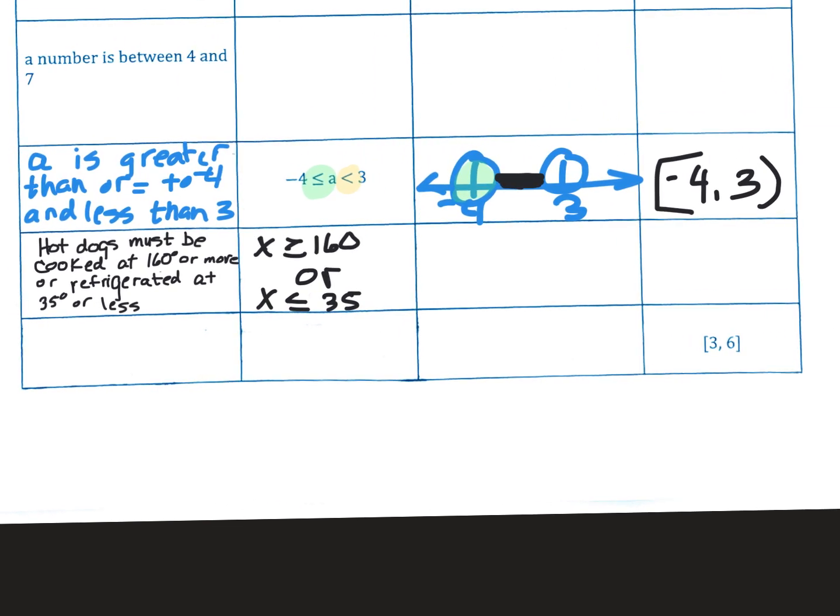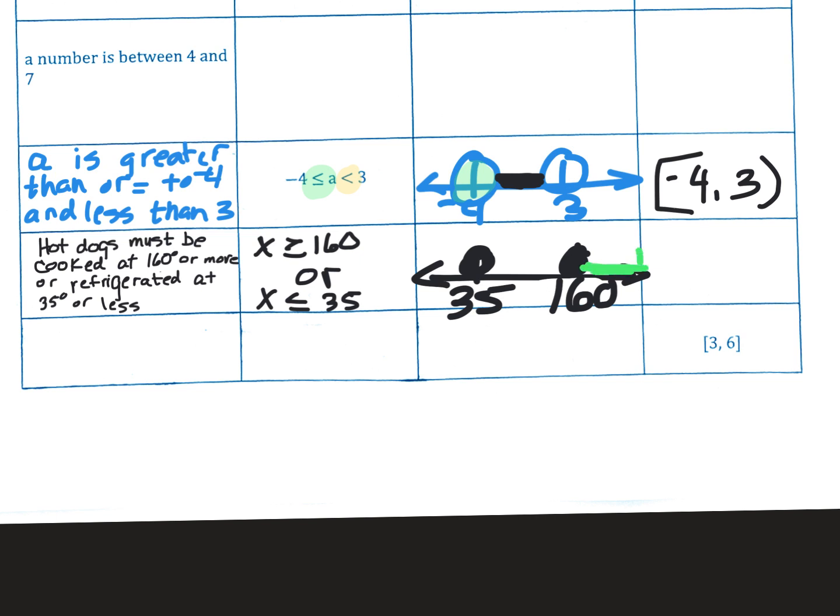So you're still going to use one number line, okay? You don't need two number lines. The spacing, all that jazz is fine. In both cases, they could be equal to, so we're going to color those coordinates in. And you're actually going to have shading that goes in two different directions.